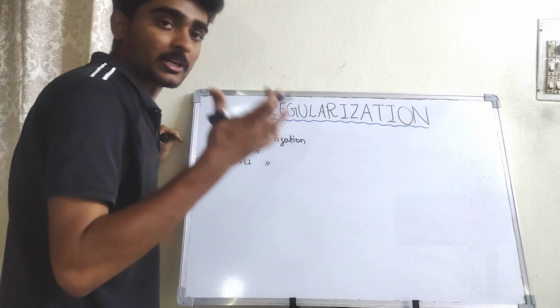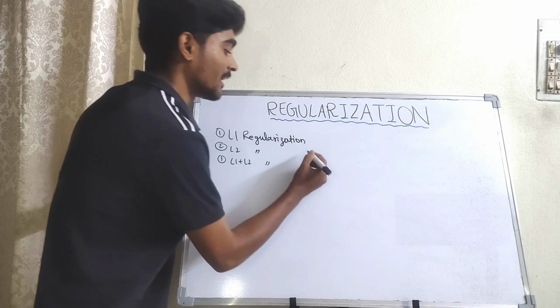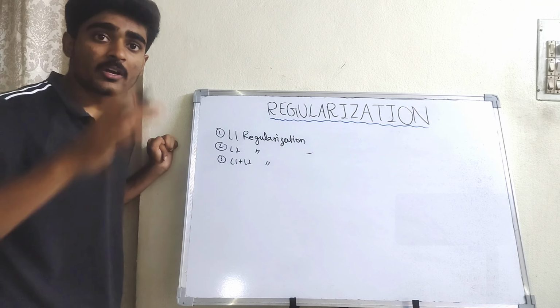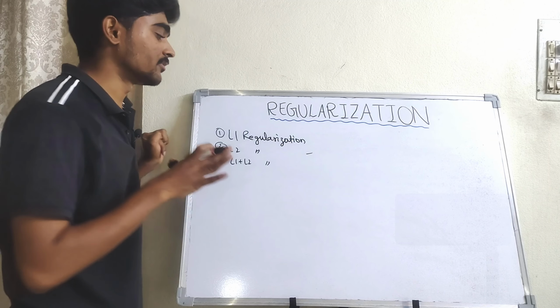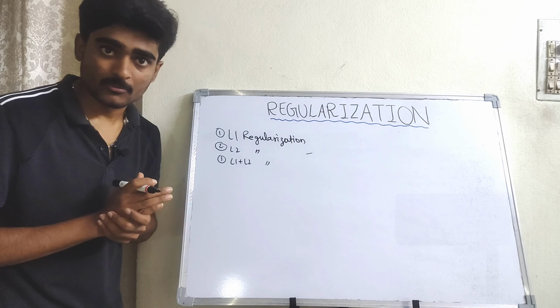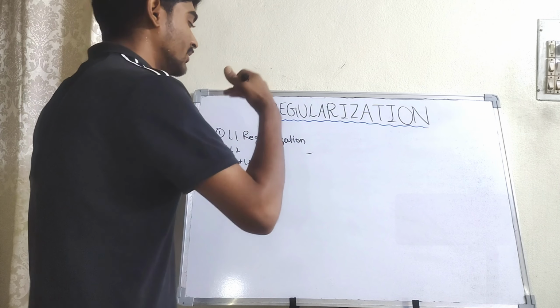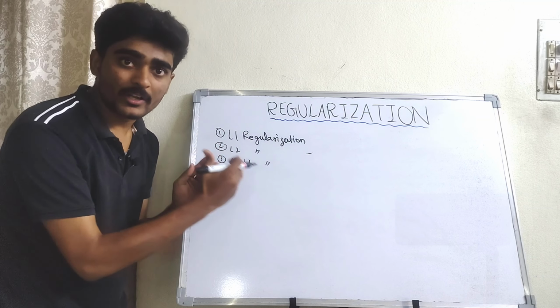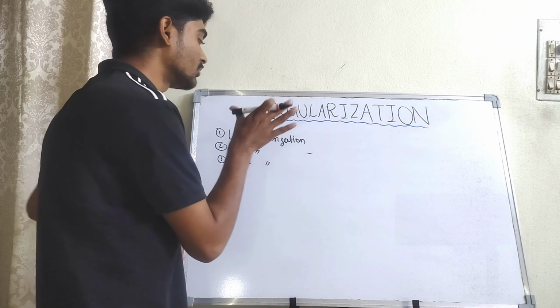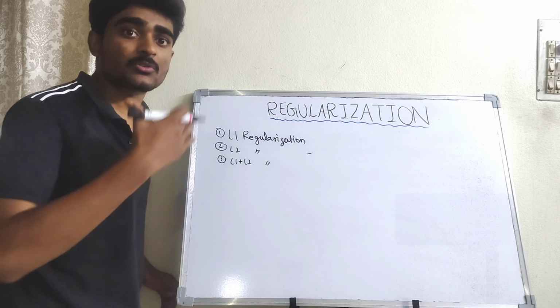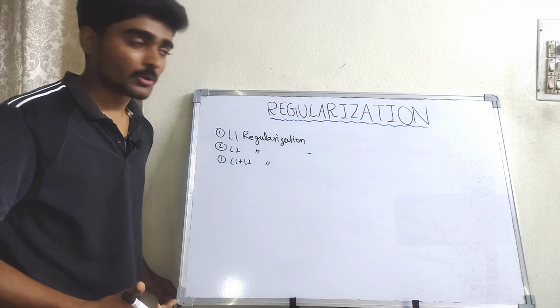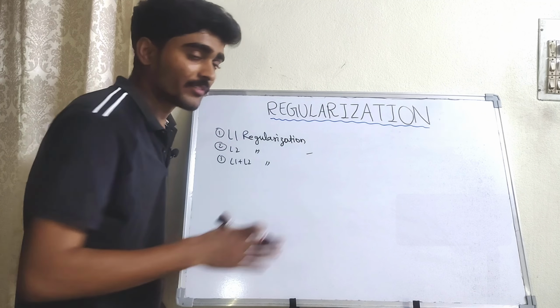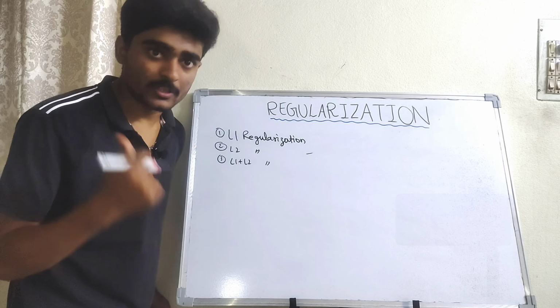In deep learning, mostly we use L2 regularization. So, in this video, our entire focus will be on L2 regularization. Now let's dive into the discussion of L2 regularization and how, due to it, the values of the weights are diminished. First see where this regularization is actually applied.